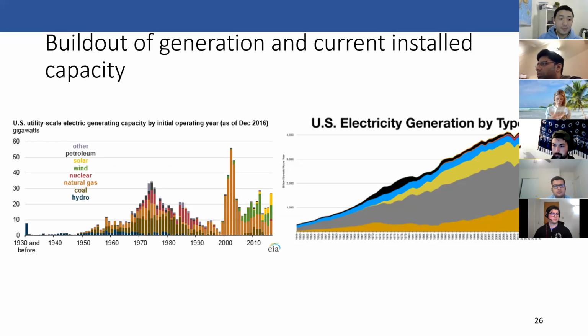However, lots of plants drag on their lifetime through retrofits and newly installed technologies over time and upgrades. And so a lot of the times you end up with coal plants that last for quite a bit longer.